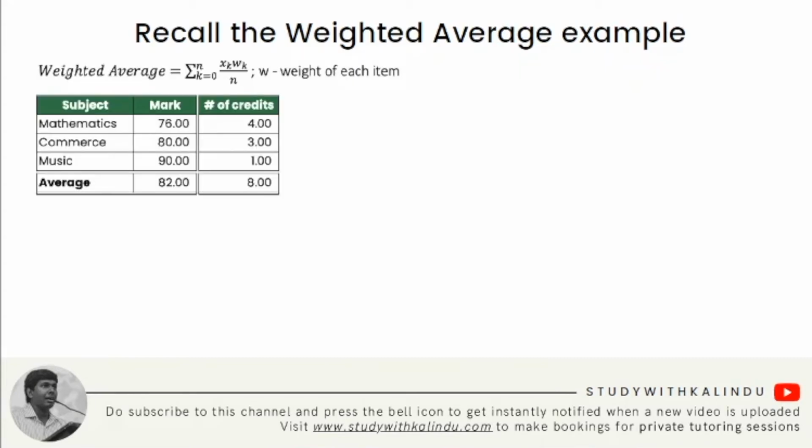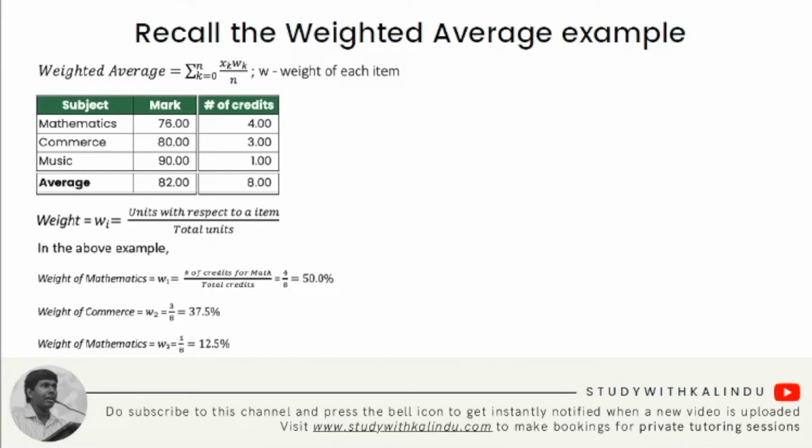Remember, we had three subjects: mathematics, commerce and music, and we had credits assigned to each of those subjects. Using these credits, we can calculate individual credit percentages to have an alternative method of calculating the weighted average. Individual weight is nothing but the individual's credit score divided by the total credit score.